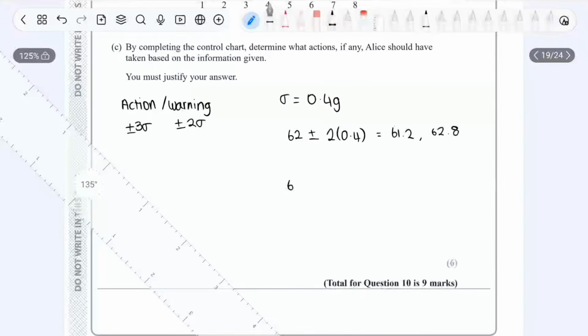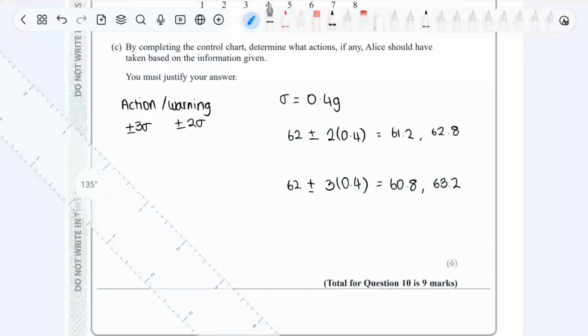We'll need to do 62 plus or minus 3 lots of our standard deviation. So if we type it into the calculator, let's do subtract first because we're trying to do our lower limit. We get 60.8. Then if we add, we get 63.2.